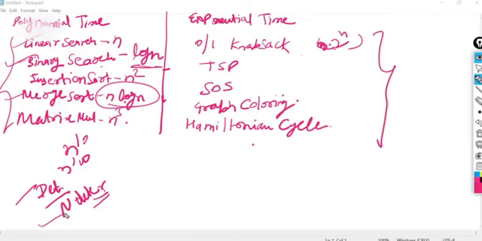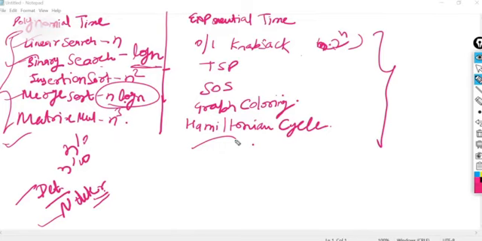If any problem belongs to polynomial time, that means it has a deterministic algorithm that you can solve in polynomial time. And in the exponential case, there are problems having a non-deterministic algorithm that can be solved in polynomial time. Do not be confused: both types of problems we need to solve in polynomial time only, right?